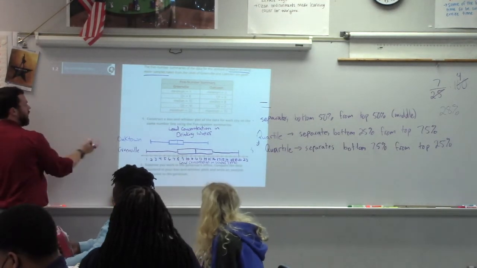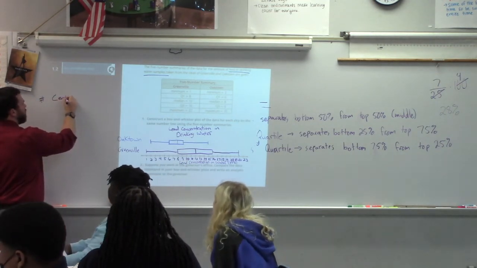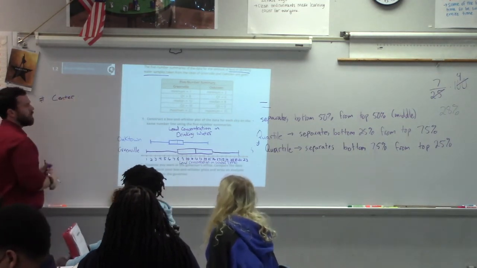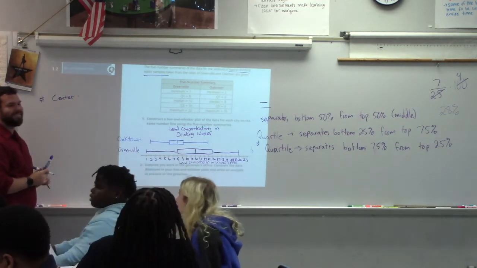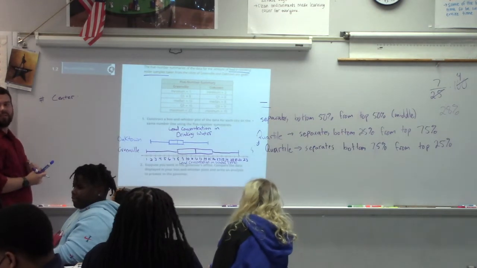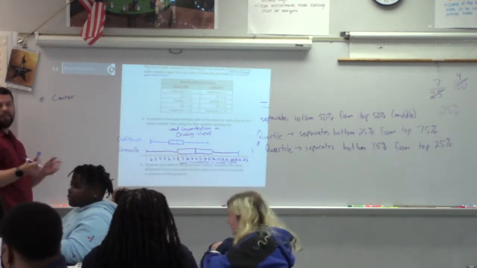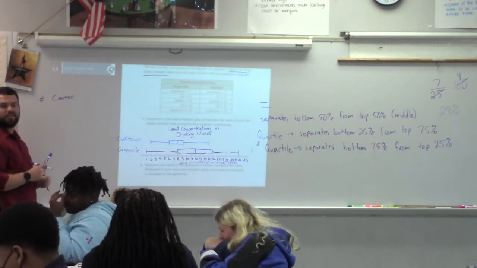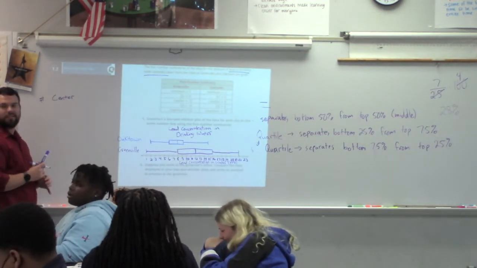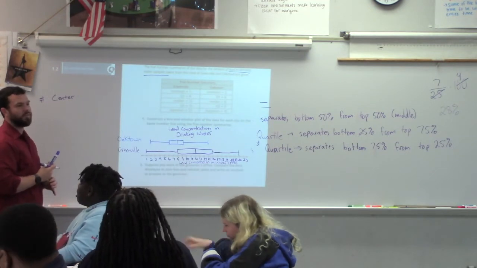How would I compare for number 2 those measures of center? Alright, looks like Lillian wants to get involved. Ethan, is your hand up? Okay, how would I compare the measures of center? One is a bit shorter than the other one. The measure of center is shorter than the other one.